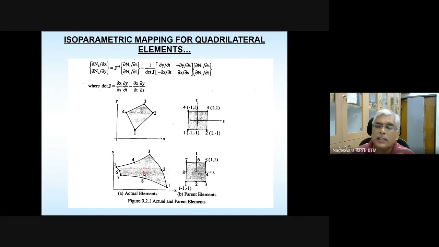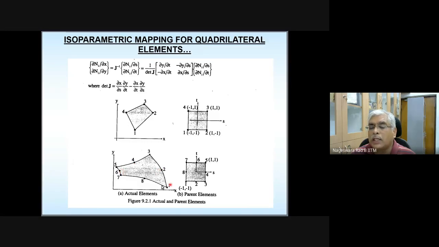And the important thing that you need to keep in mind is, in some of the textbooks, some of the authors, especially for this 8-node element, are going to number the corner nodes first. Okay, somebody may number it as 1, instead of this node being 1, this has 2, 3, 4, and afterwards number the mid-side nodes 5, 6, 7, 8.